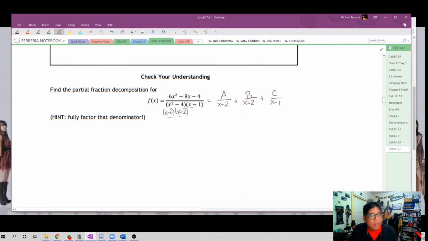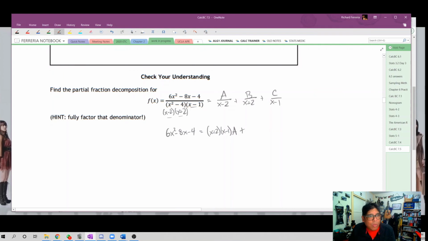Okay. Now we're going to multiply the left and the right by our denominator. Remember, on the left side, we're just going to cancel that denominator. And on the right side, on our first fraction, we're going to cancel out the x minus 2. And what's going to be left here is (x plus 2)(x minus 1)A.